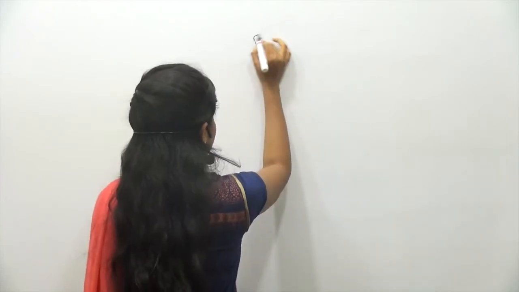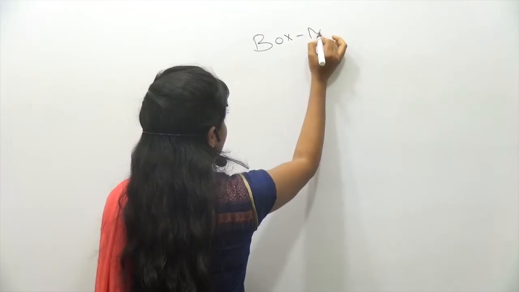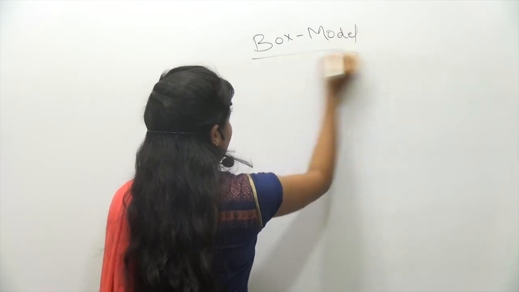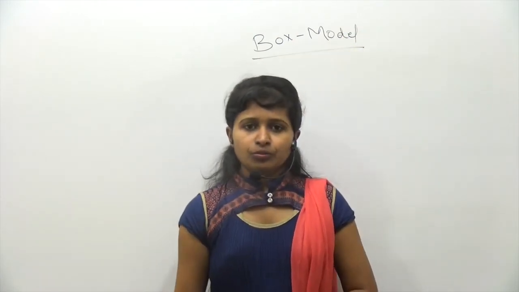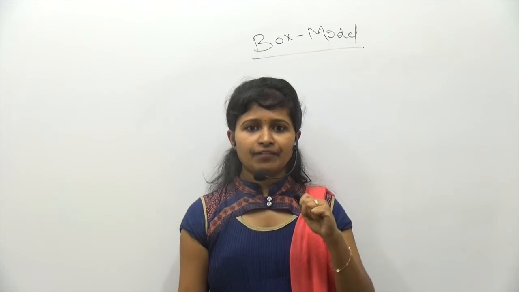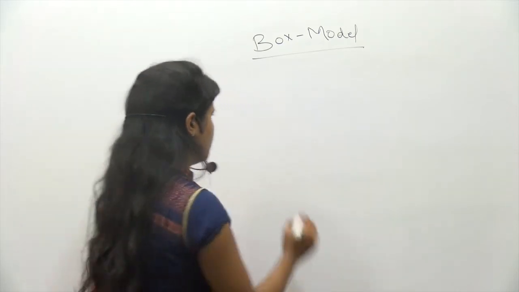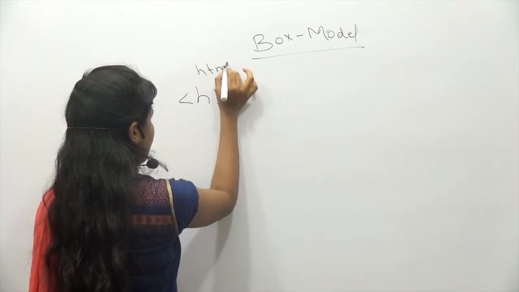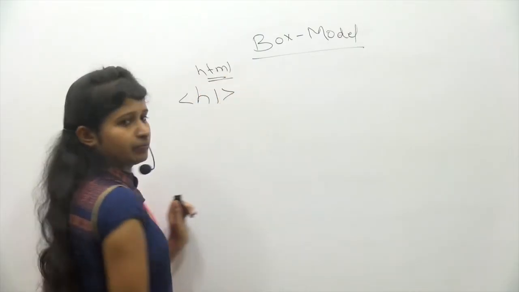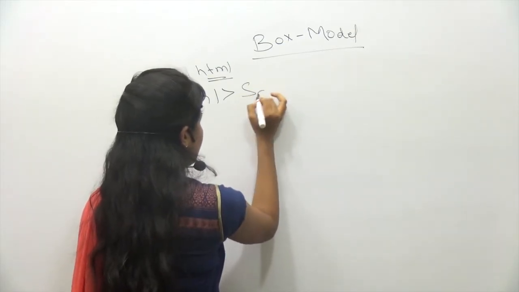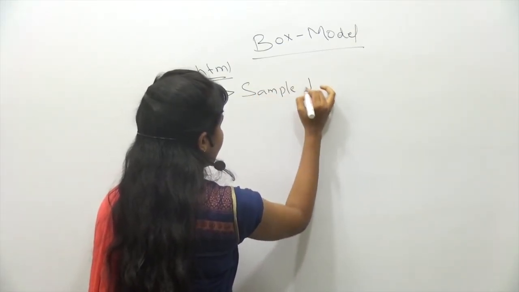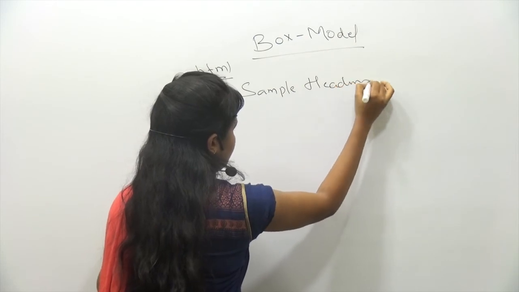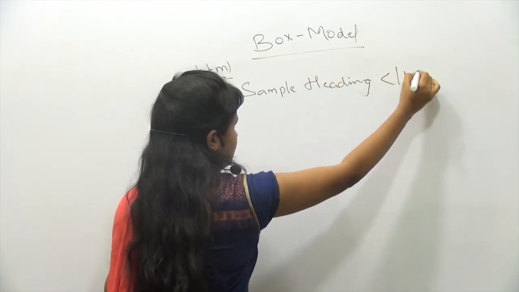Now I am going to teach you how the box model works. To know the box model, we have a border. See, I am having my h1 in HTML, sample heading, and closing this.